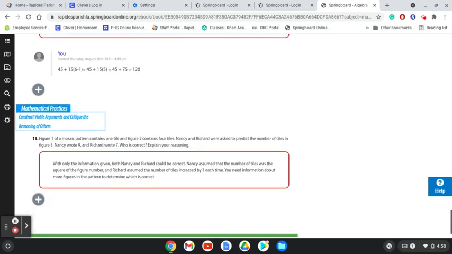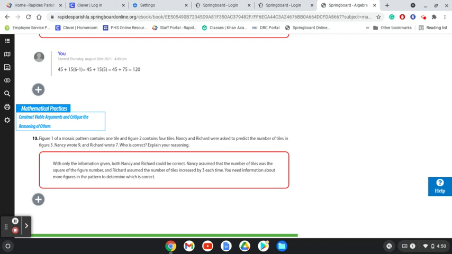Figure 1 of a mosaic pattern contains 1 tile and Figure 2 contains 4 tiles. Nancy and Reagan are asked to predict the number of tiles in the figure. Nancy wrote 9. Richard wrote 7. Who is correct? Explain your reasoning.